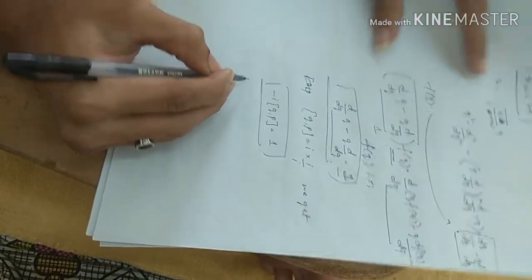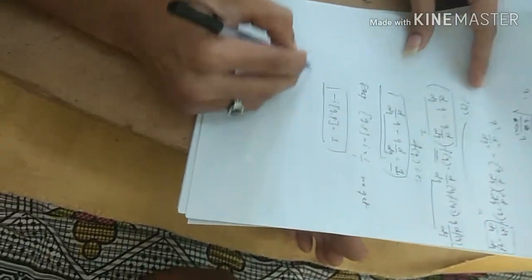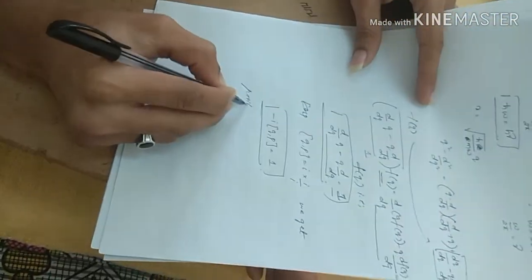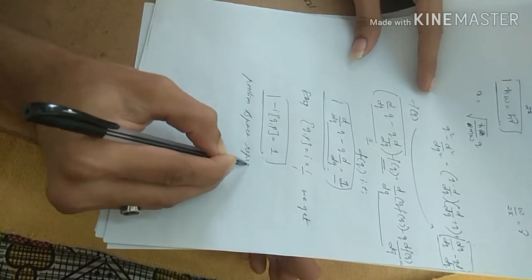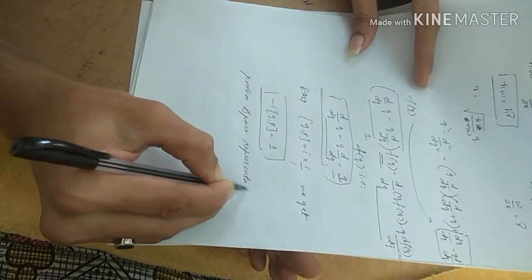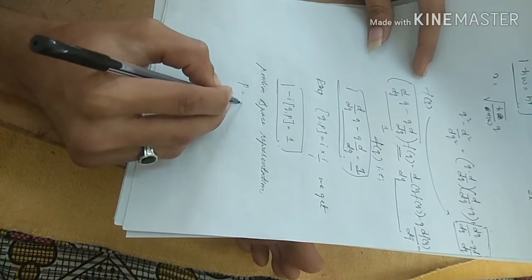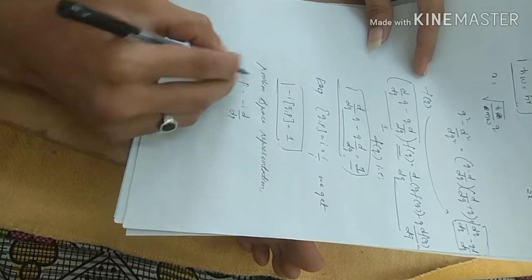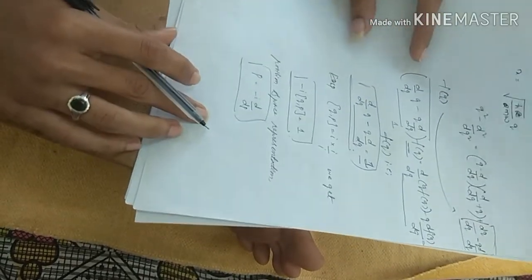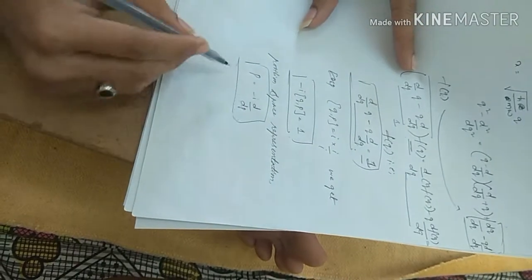And in canonical quantization, we have already derived the position space representation, that is momentum p equals minus i d by dq. Let us use this in our below equation.